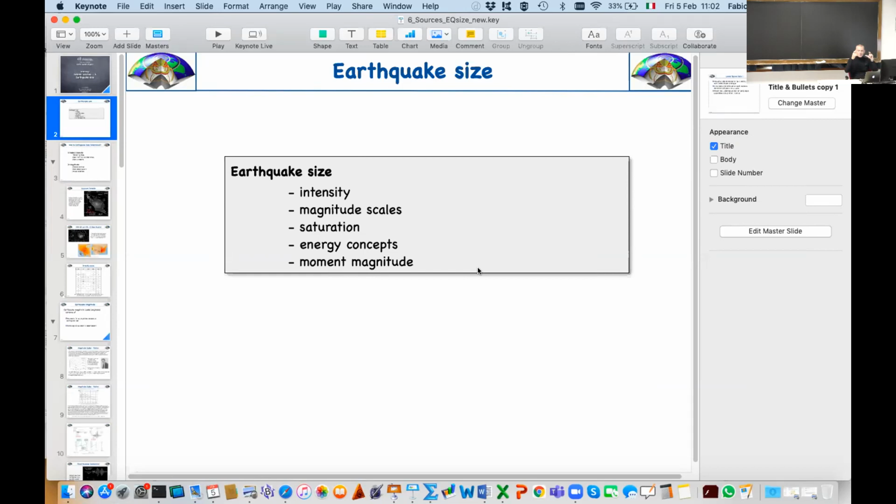So near source, far source, near field, far field, these are four conditions, 2 by 2. In the Haskell model, we are in the near source condition, so the source is not a point, but for every sub-source, we are so far that we can exclude near field. So we are in the near source condition and far field condition.